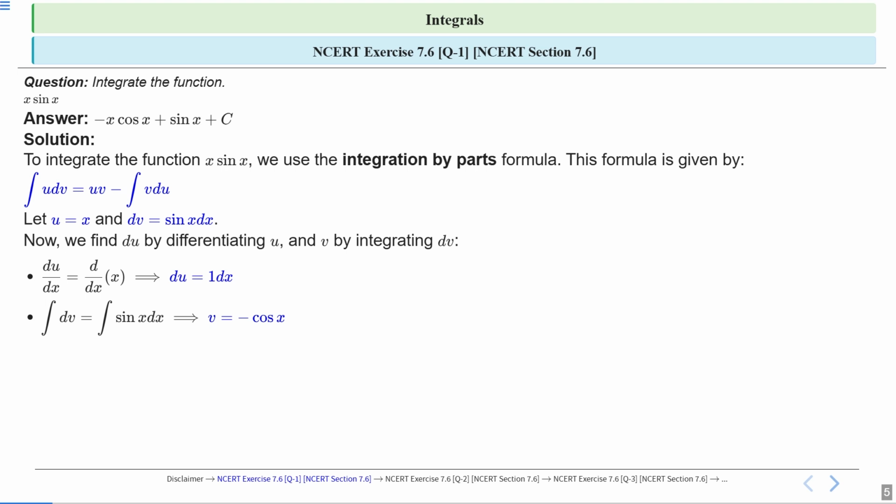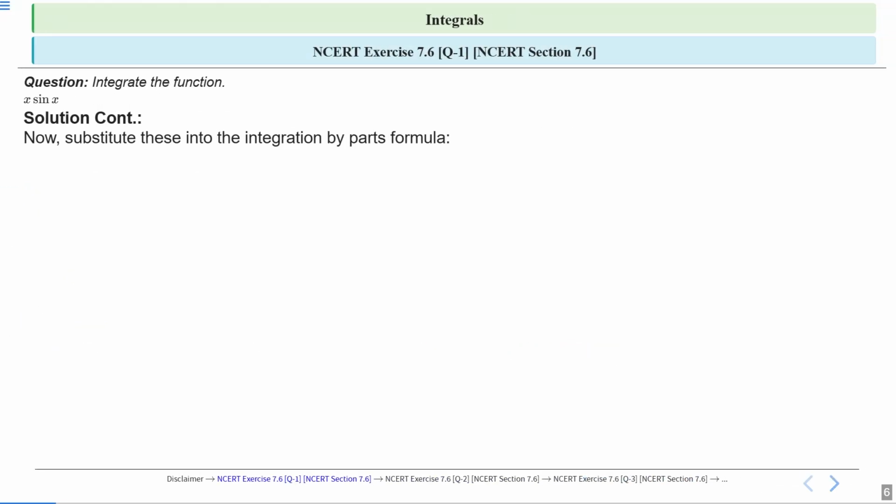Now we have the values of du and v. So just substitute into the formula of integration by parts. We get integration of x sin x dx is equal to uv minus integration of v du. In place of u we put x, in place of v we put minus cos x, and in place of du we put 1 dx.